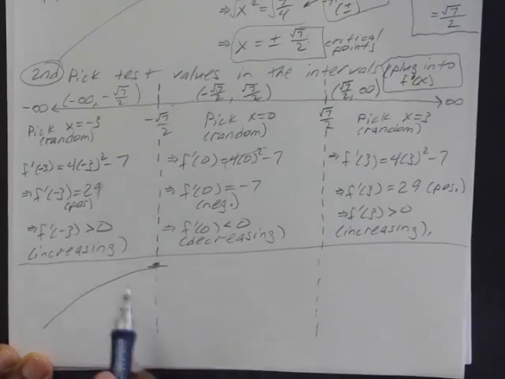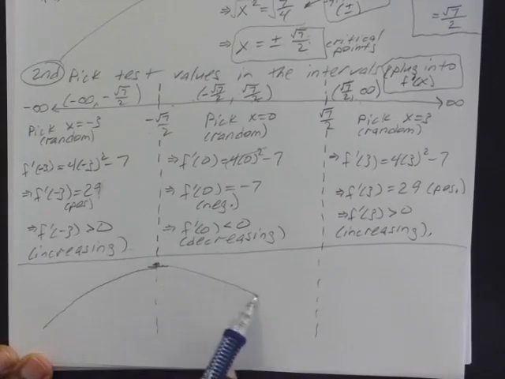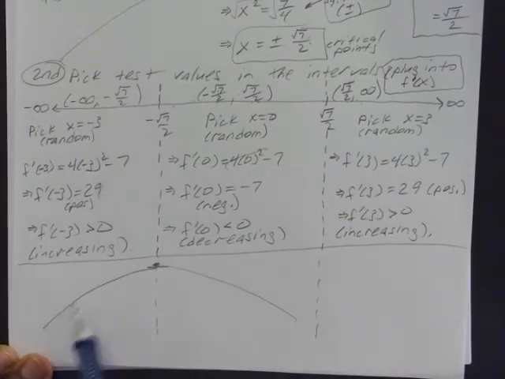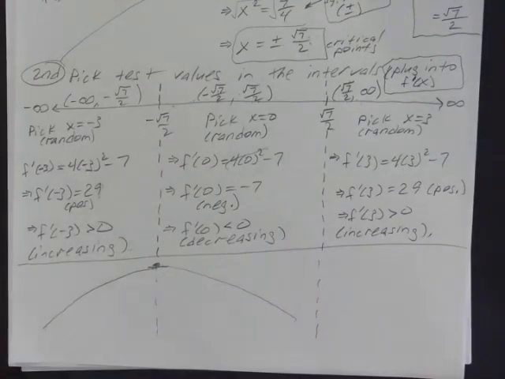So we know this is a local maximum. But only because we know on the other side of that -√7/2, it's decreasing. Because it is possible for it to increase and then increase again. So then it wouldn't be a minimum or maximum. But if it's increasing on the left and decreasing on the right, we know that's a maximum.